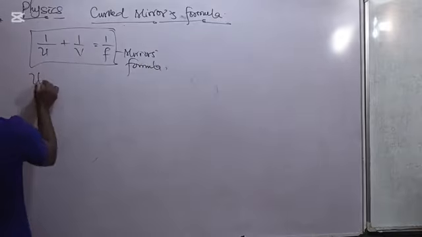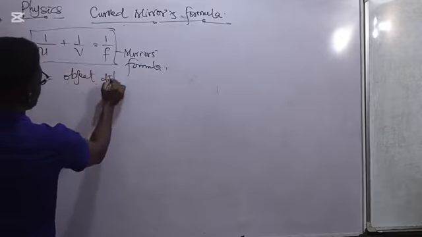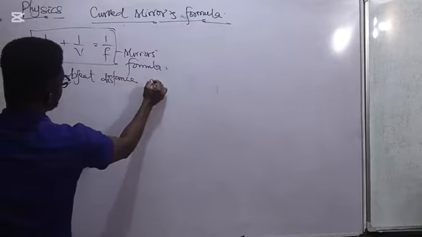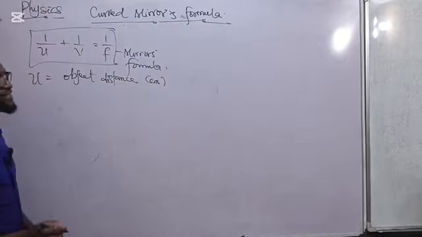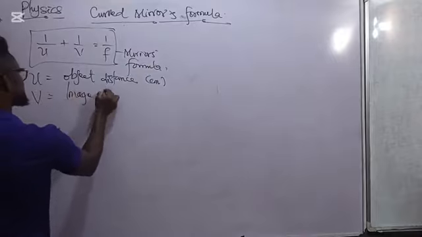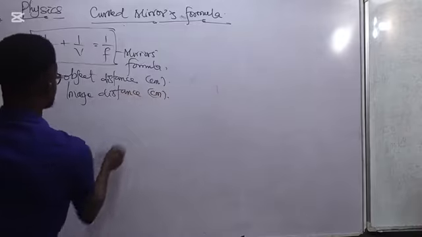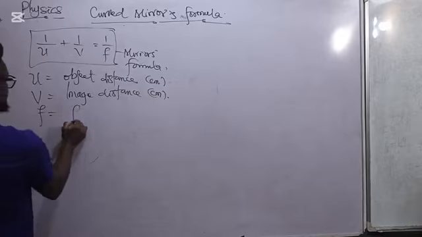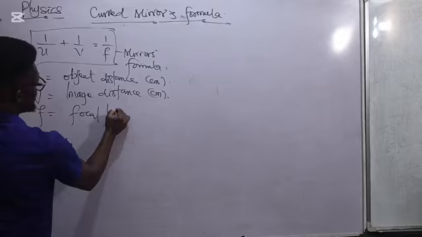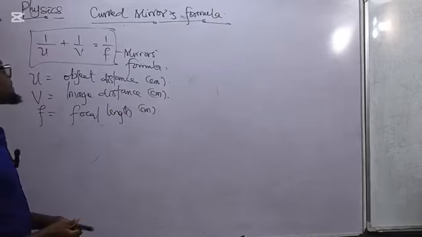Here, u means object distance, the object distance in centimeters. v means image distance, the image distance in centimeters, while f is the focal length in centimeters.